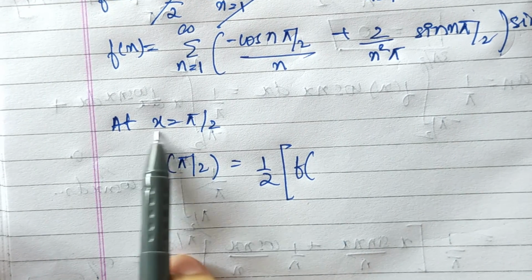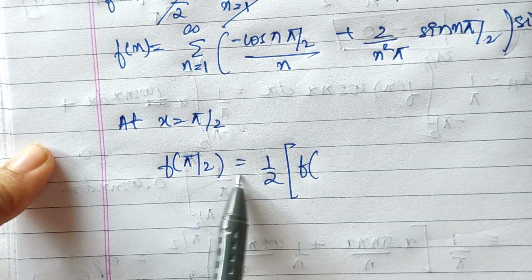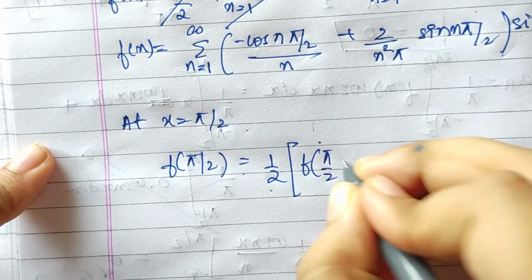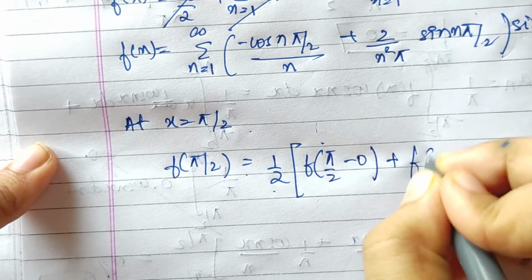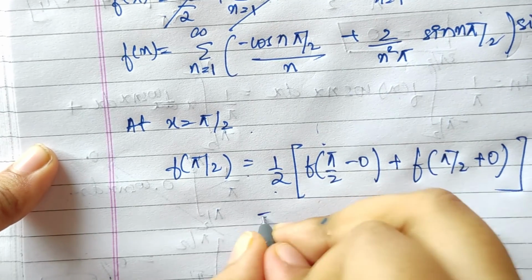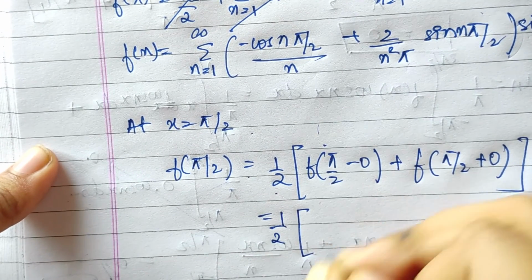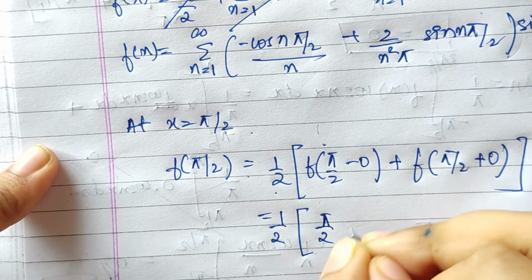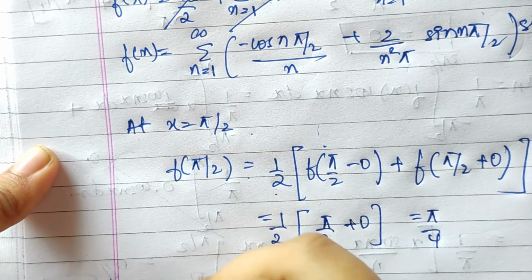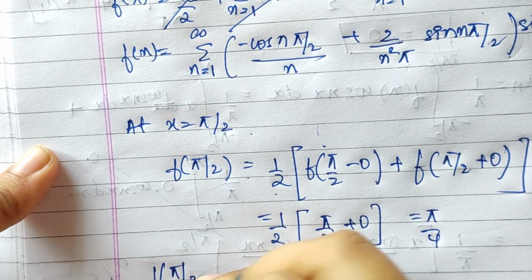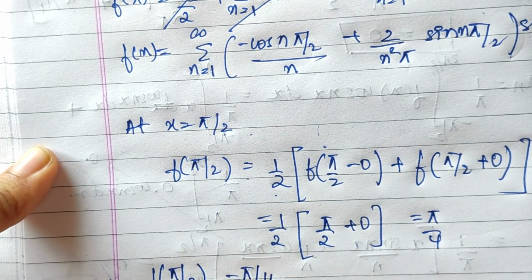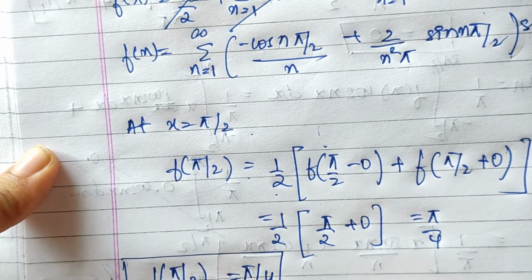Hence at x is equal to pi by 2, f of pi by 2 is equal to 1 by 2, f of pi by 2 minus 0 plus f of pi by 2 plus 0. On further evaluation, it is half into pi by 2 plus 0. That's nothing but pi by 4. So your function f of pi by 2 is equal to pi by 4.